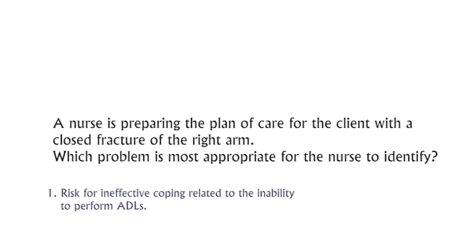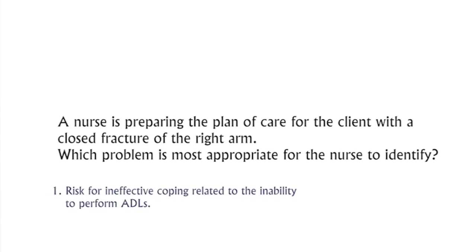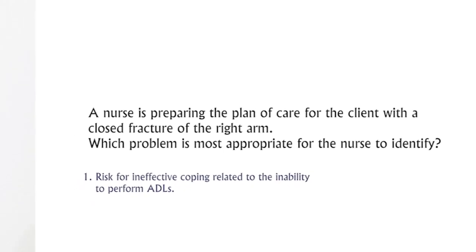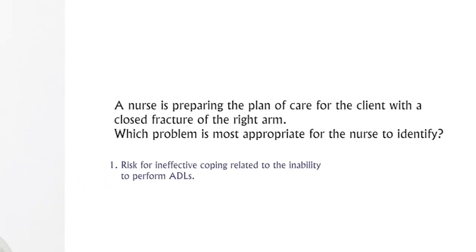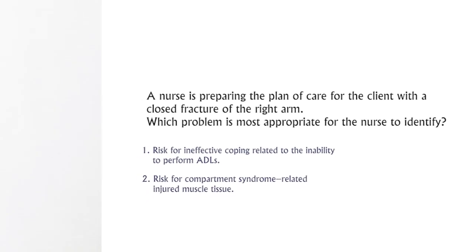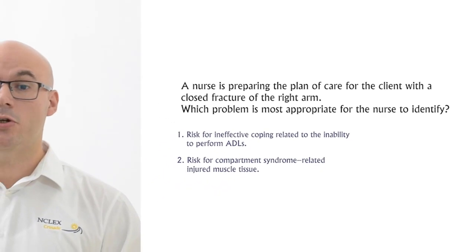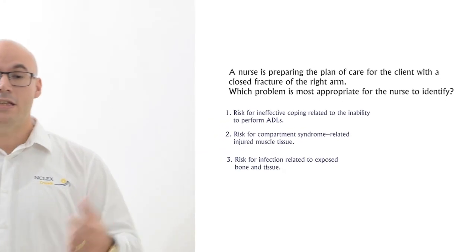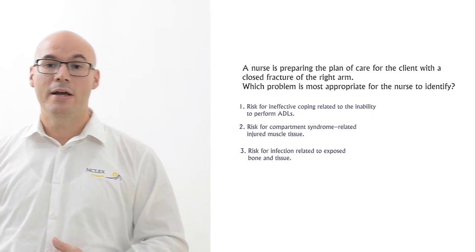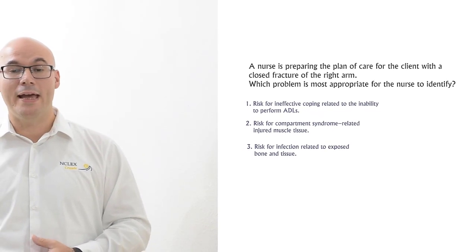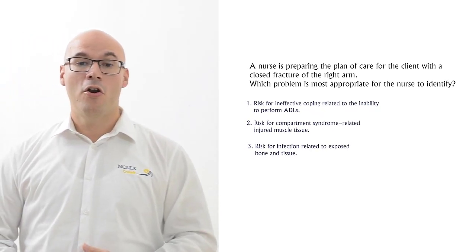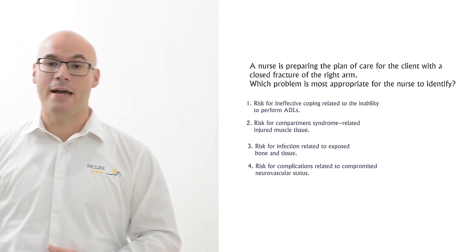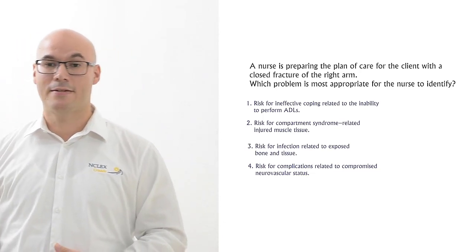Number 1, risk of ineffective coping related to the inability to perform activities of daily living. 2, risk for compartment syndrome related to injured muscle tissue. 3, risk for infection related to exposed bone and tissue. And number 4, risk for complications related to compromised neurovascular status.